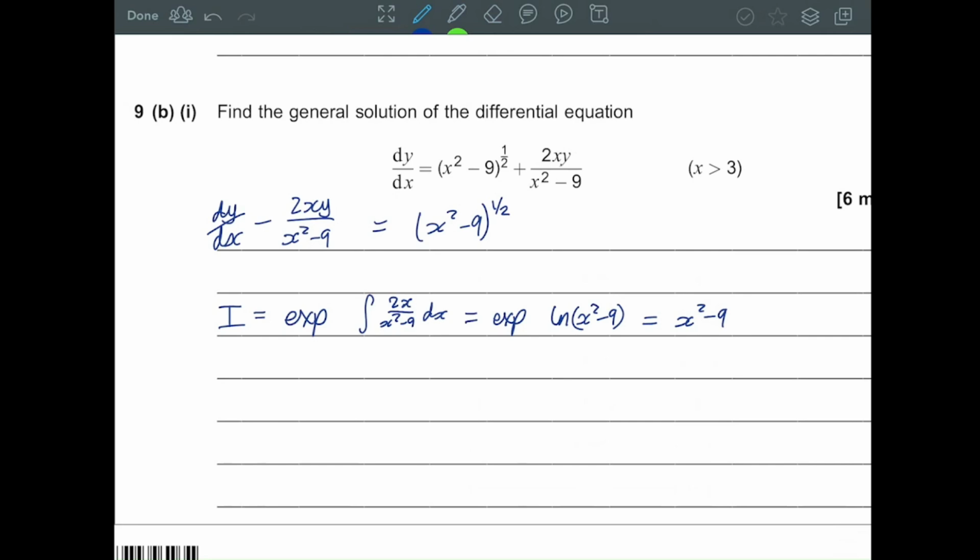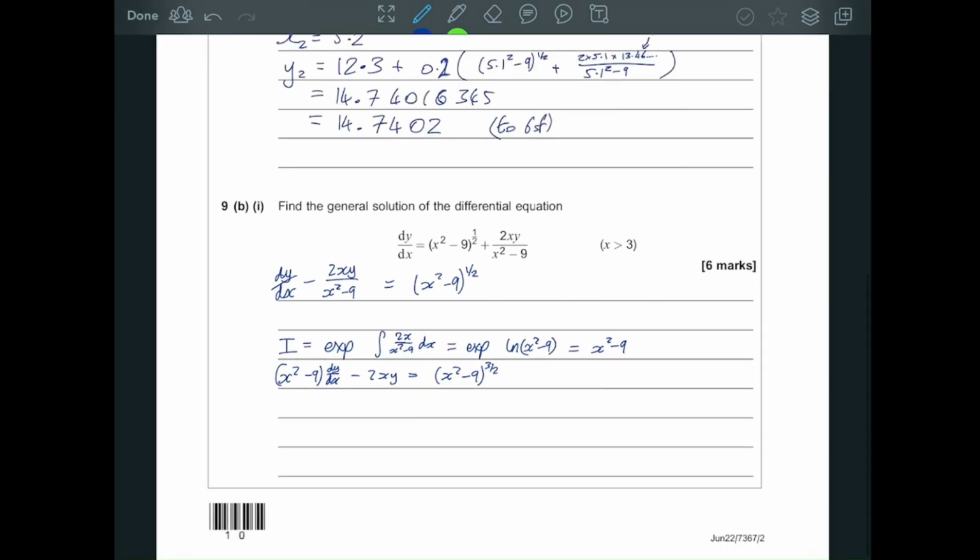So if I multiply through by x squared minus 9, I'm going to get this thing. I'm starting to get a little worried because this side is now a power of 3/2, which I don't believe integrates nicely.